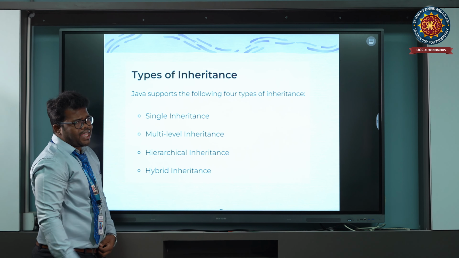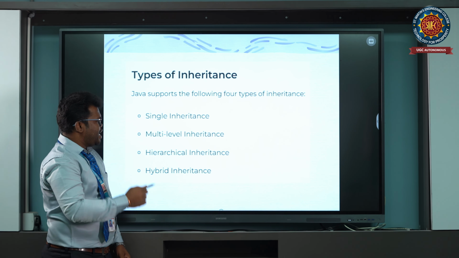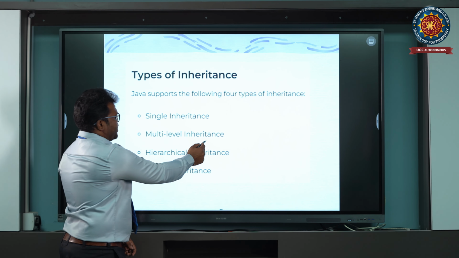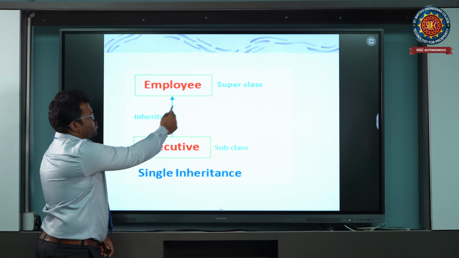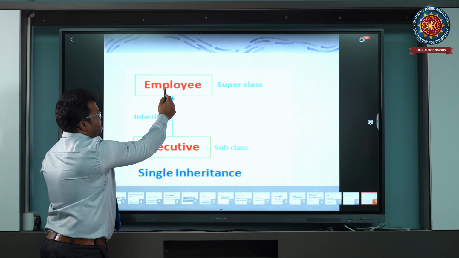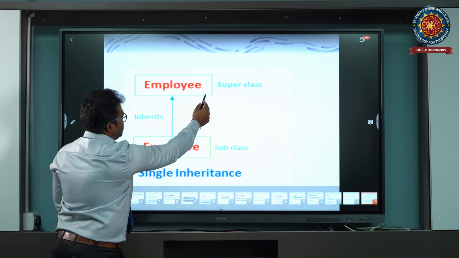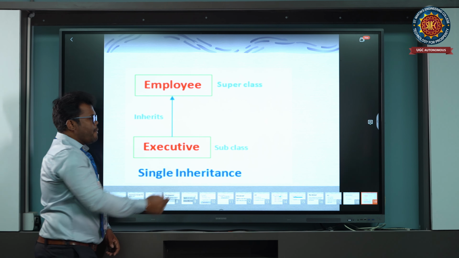The types of inheritance are single inheritance, multiple inheritance, multi-level inheritance, hierarchical inheritance, and hybrid inheritance. What is single inheritance? For example, Employee is the superclass and Executive is the subclass. Employee is A and Executive is B. This is the superclass or parent class and this is the derived class or base class.